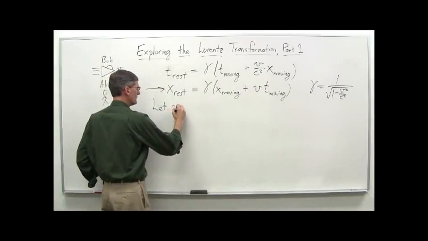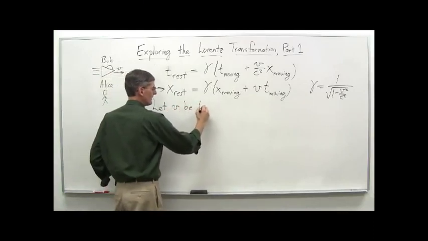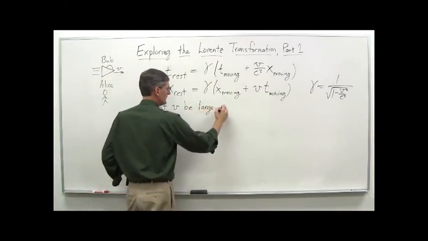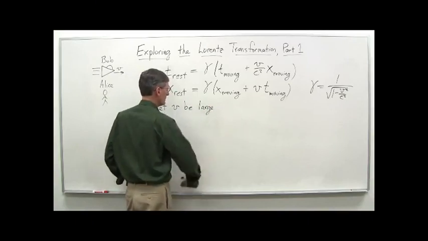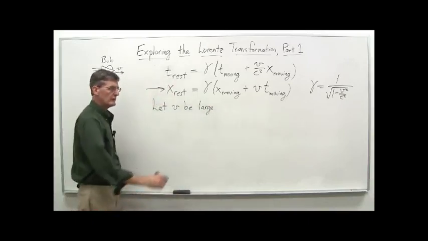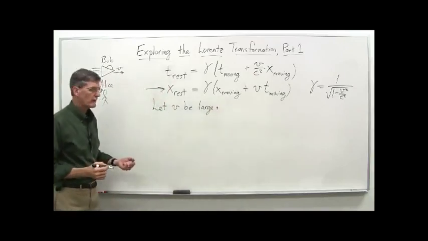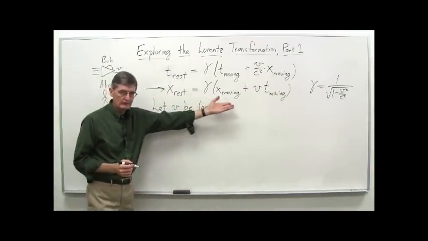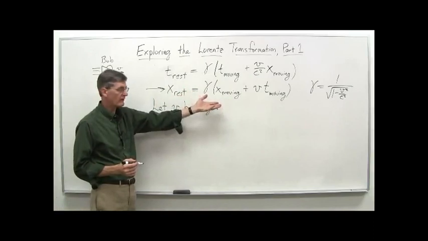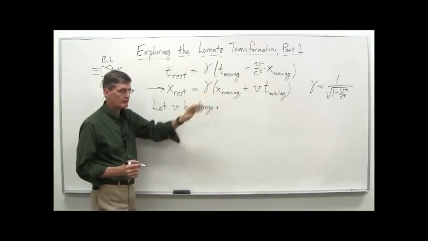Okay, so now though, what happens when we have velocity being large? Let v be large. Obviously not equal to c, but up there someplace. Then what do we have? Well, essentially we just have this equation. We can't do any simplifications of it. But let's split it apart here and take a look at it.